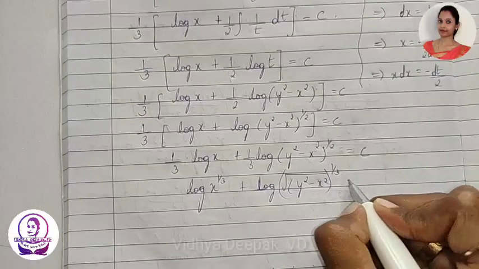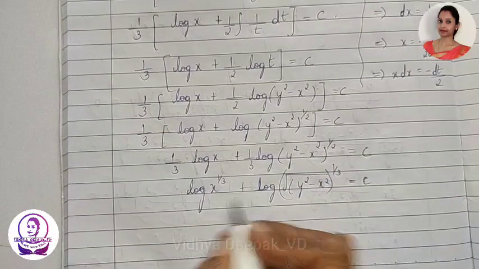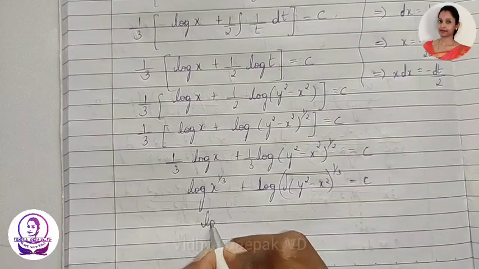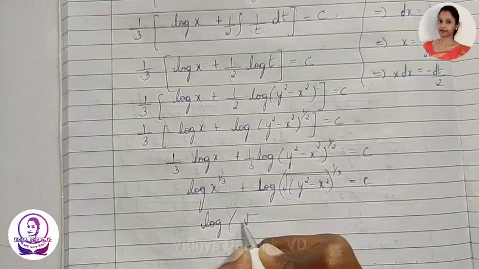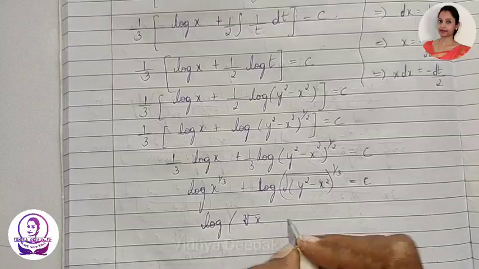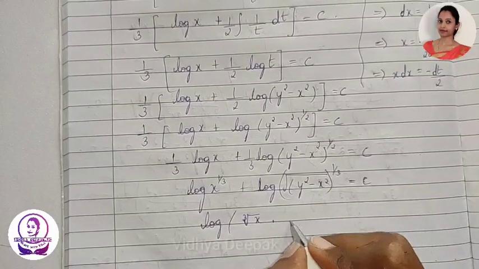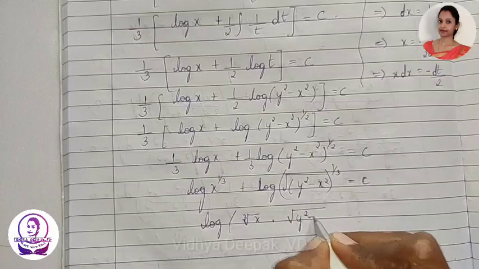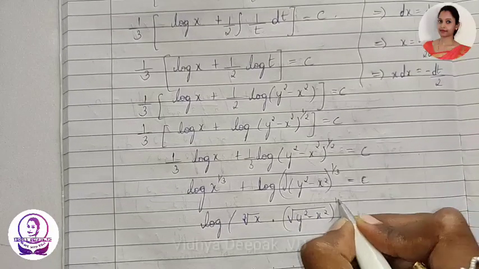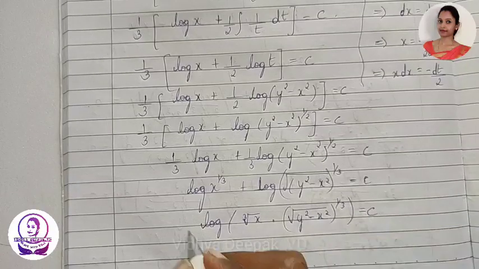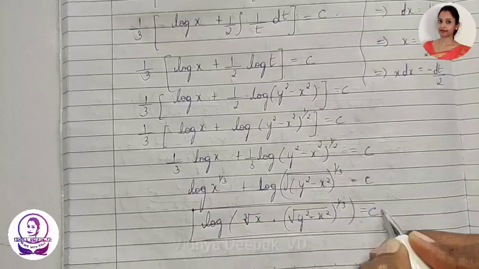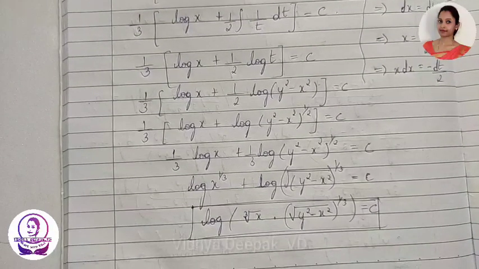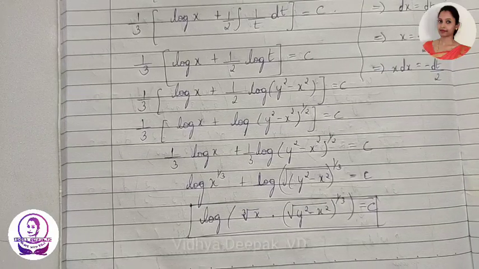So I can write this as log of cube root of x into the cube root of square root of (y square minus x square), power 1 by 3 is equal to c, which is your required solution for the given differential equation.